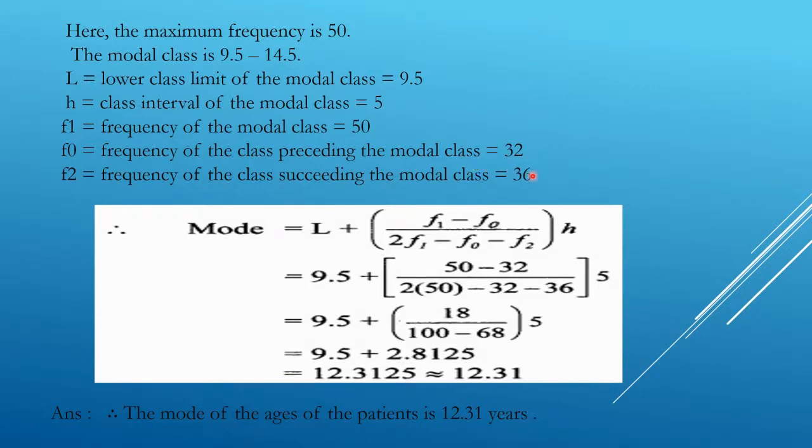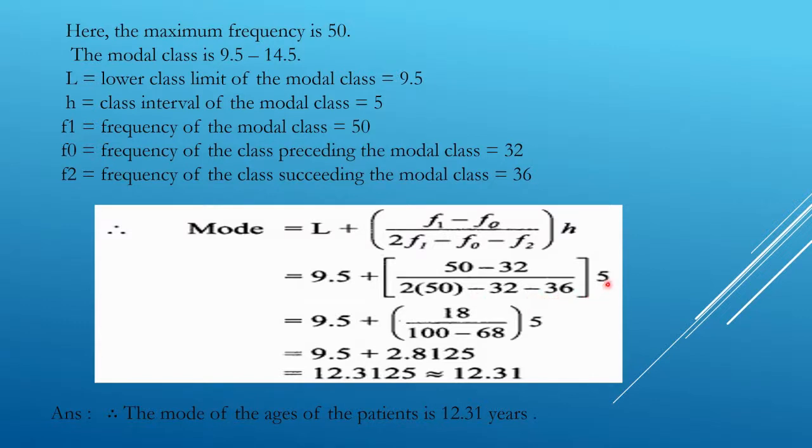Therefore, mode equals L plus F1 minus F0 upon 2F1 minus F0 minus F2, into H. That is equal to 9.5 plus 50 minus 32 upon 2 into 50 minus 32 minus 36, into 5.